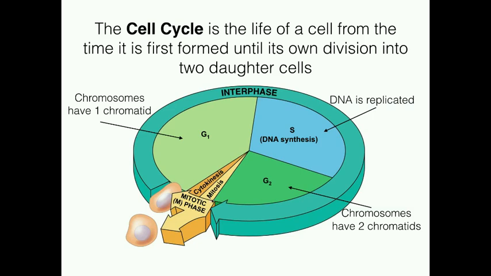Mitosis, which is where the chromosomes will split and migrate to opposite sides of the cell, and cytokinesis. Cyto means cell, kine means movement. This is where the cell literally splits in half, and 1 half will contain half of the DNA, the other half will contain the other half of the DNA.